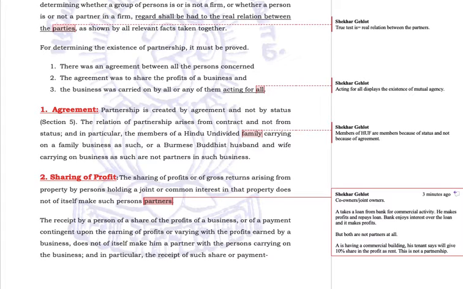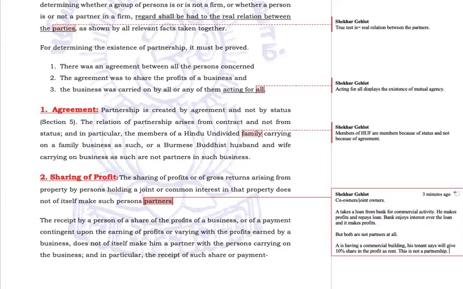Whatever profit I earn by working at your place, by using your place, 10% of it I'll give to you. It may be 10 lakh, it may be 1 lakh, it may be 1 crore, it may be 50,000, it may be anything. I'll give it to you as rent.